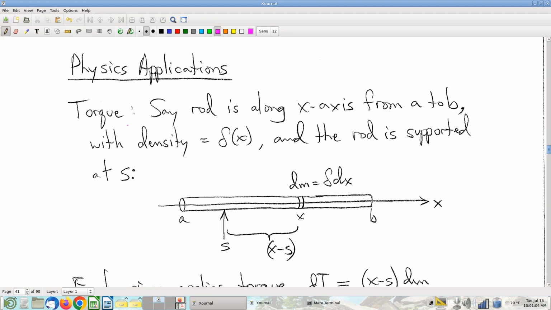So here's the big idea. If you are rotating around a point that I'm going to call S, and let's suppose that you're talking about a little piece of mass there that's going to be pushing down with a certain amount of force, like that, then this is how long your lever arm is, and the amount of force that it's pushing down with is proportional to mass.